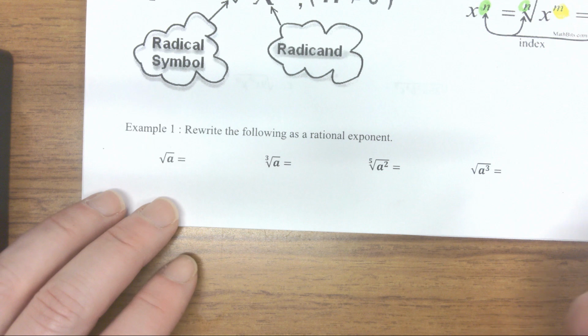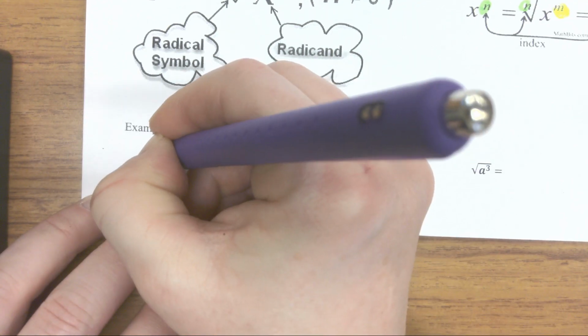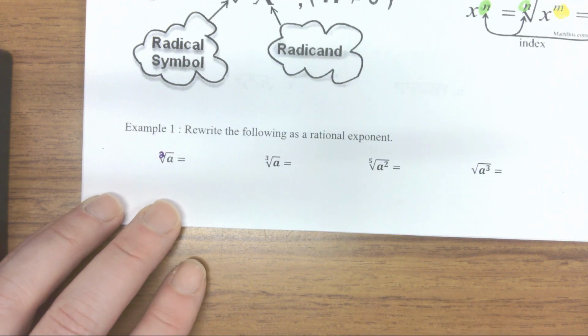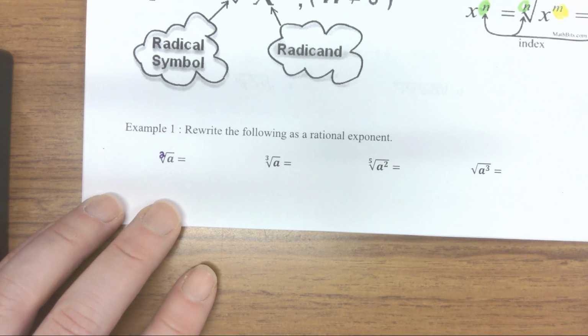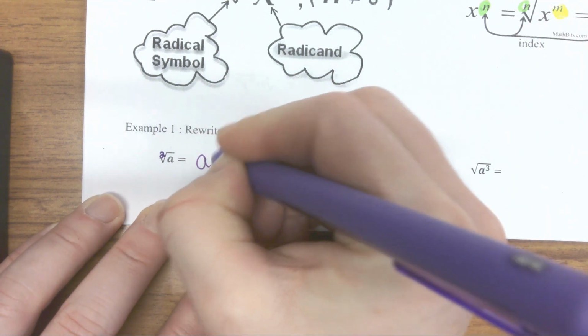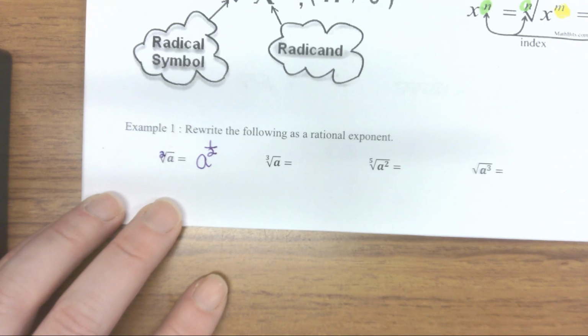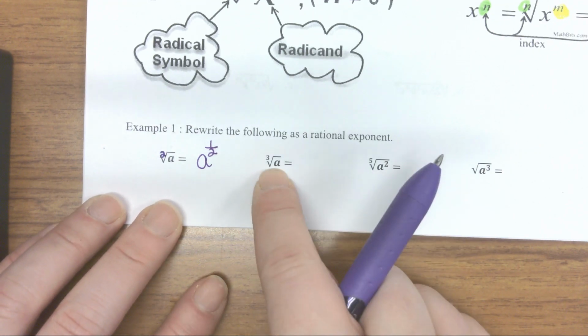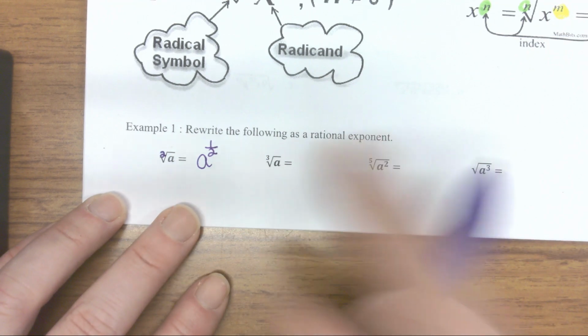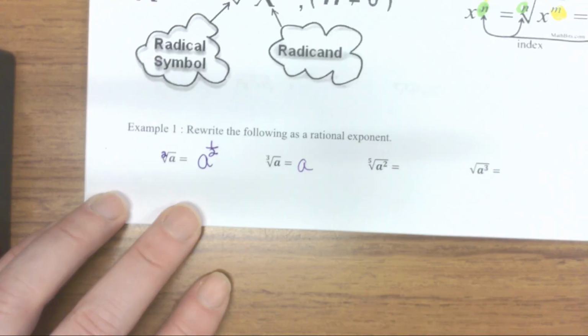A square root. You don't have to write it in, but what that really means is that's a square root. Okay, the way we write a square root as a rational exponent is it is a to the 1/2 power. I already talked about this one again, but if it was a cubed root, it would be a to the 1/3 power.